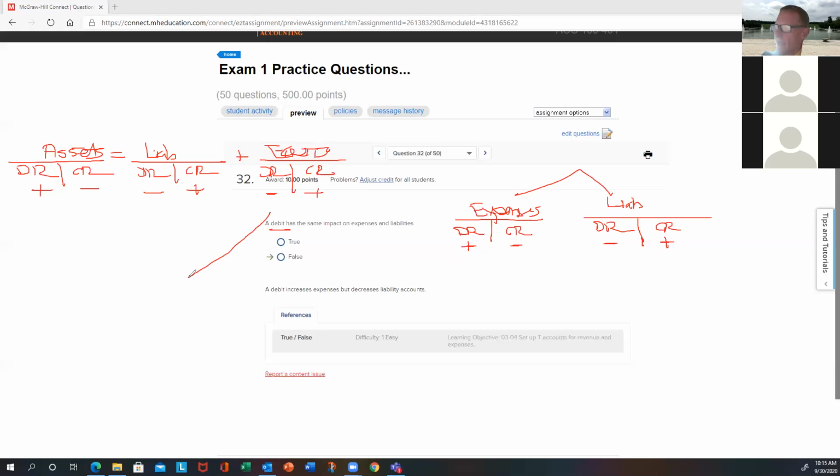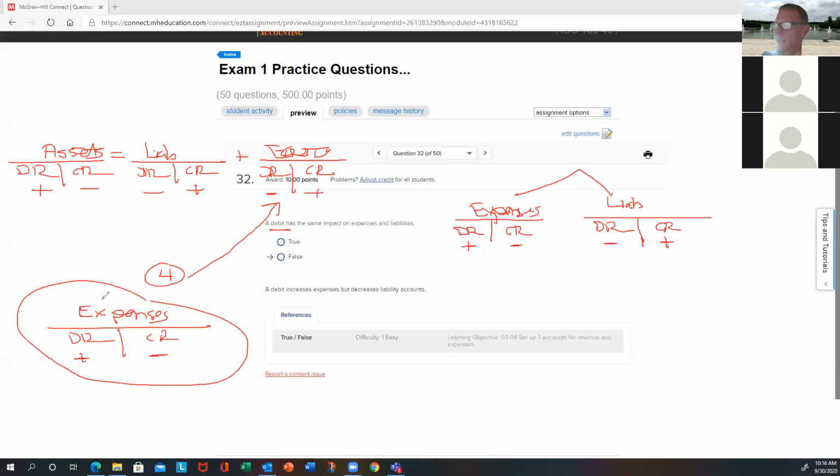Now, within equity, remember, there are 4 types of transactions, and this one specifically is just asking about expenses. And the rule with expenses, again, is they increase with debits and decrease with credits. So the idea behind that is that even though you're debiting an expense, because it's part of equity, you're actually impacting the debit side of equity.